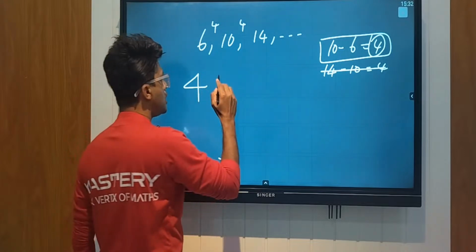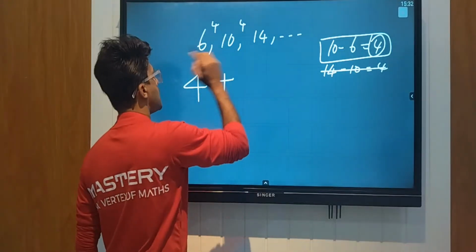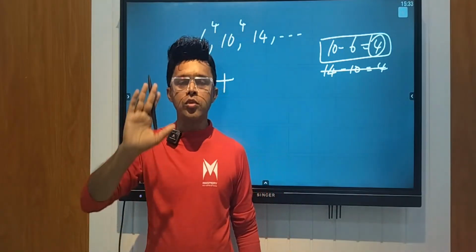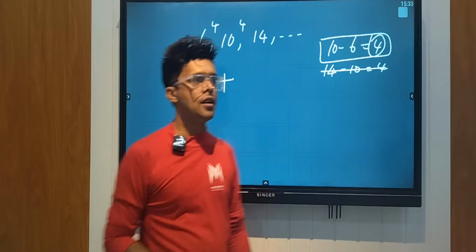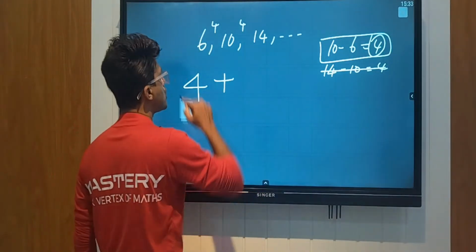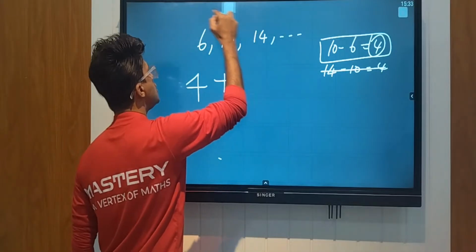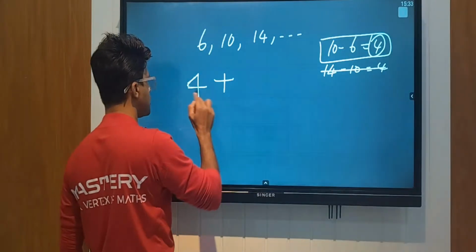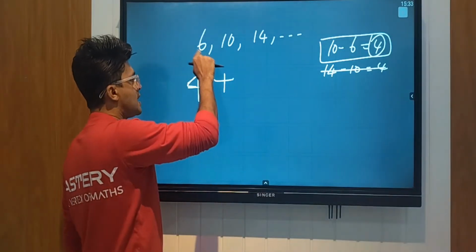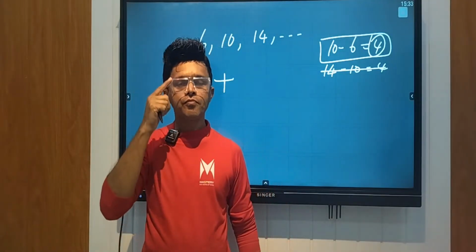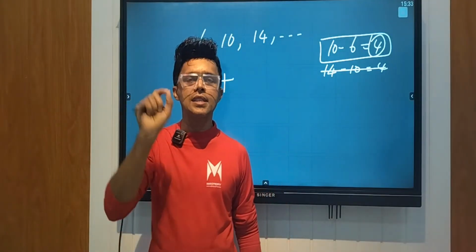After that, you need to write plus. Now you need to think of the first term, which is 6. So that you can get the first term, you need to write a digit here.